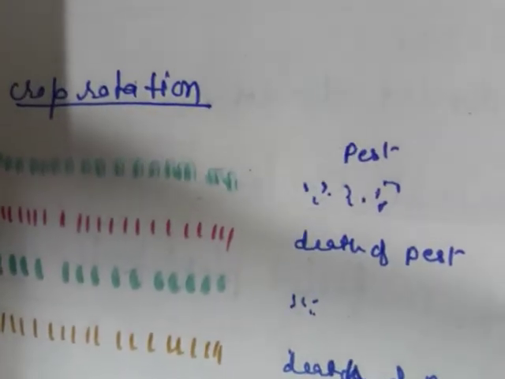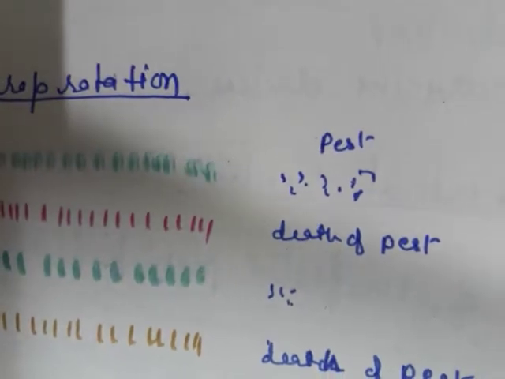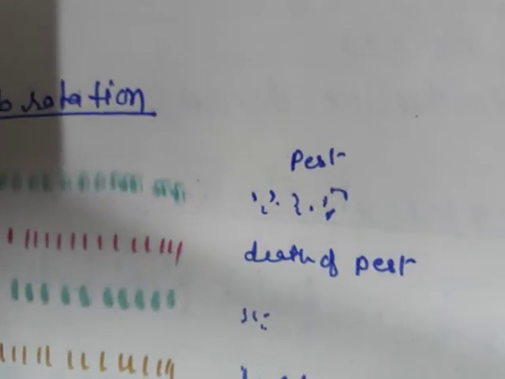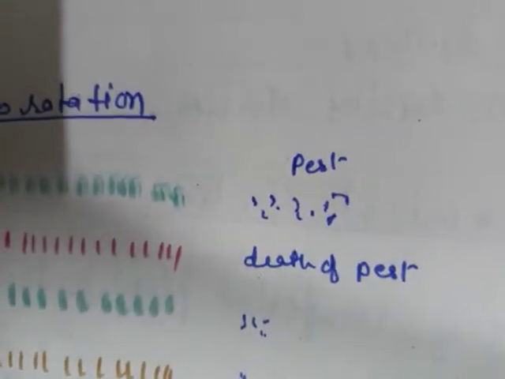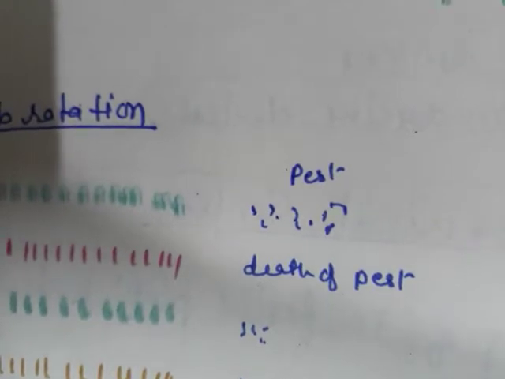The crop rotation is one of the oldest and most widespread farm practices, often directly motivated by pest control.